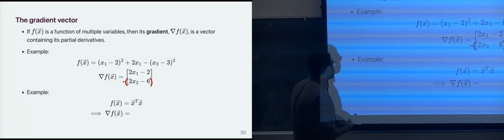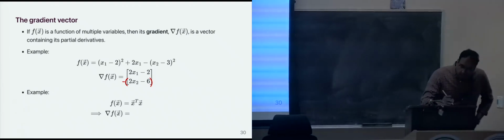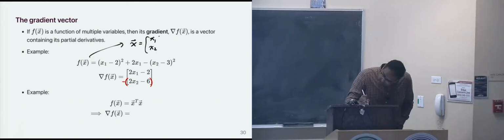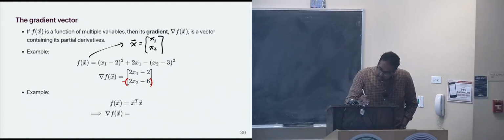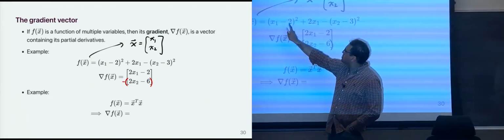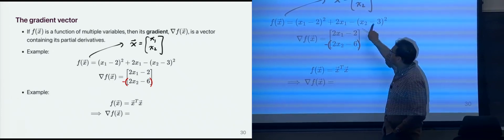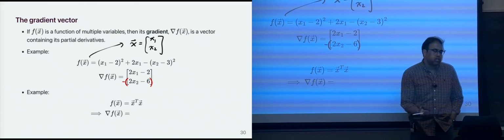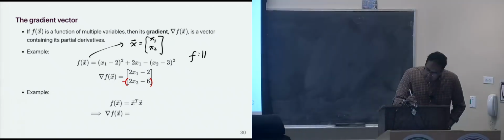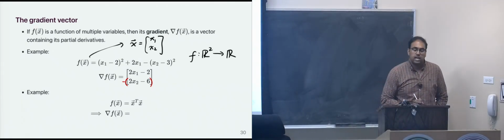It takes in a vector, x, that has two components, x1 and x2, and does first component minus 2 squared plus 2 times first component minus second component minus 3 squared. So it's a function that takes in a vector and outputs a single number. So we might say something like a function that takes in a two-dimensional vector and outputs a single number, a scalar.